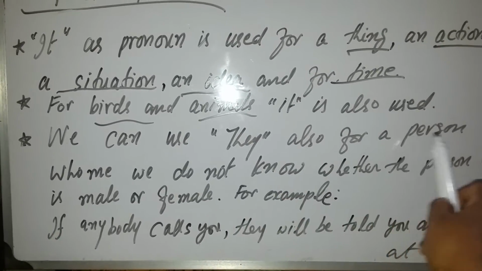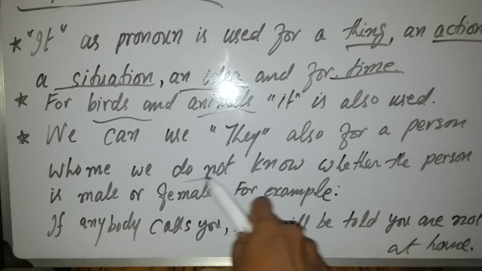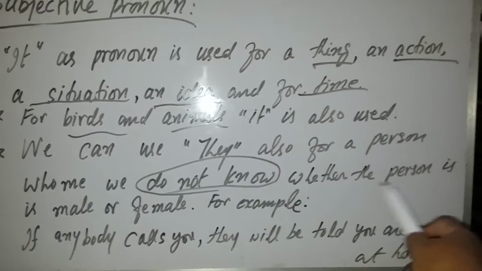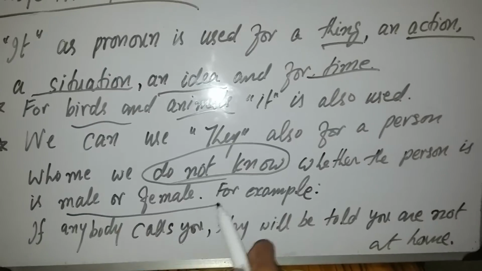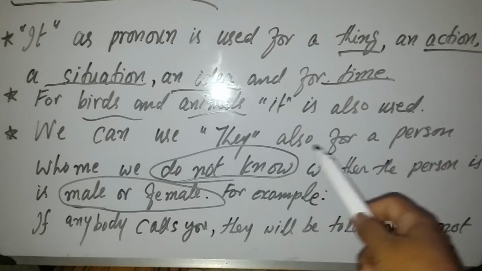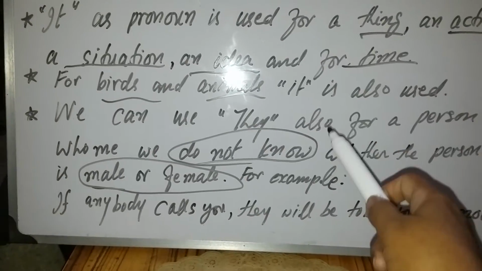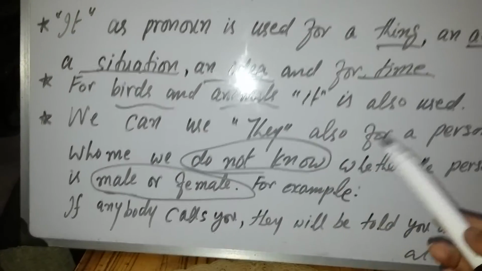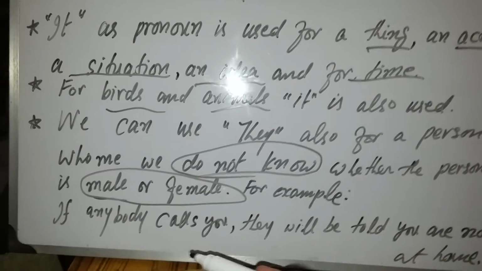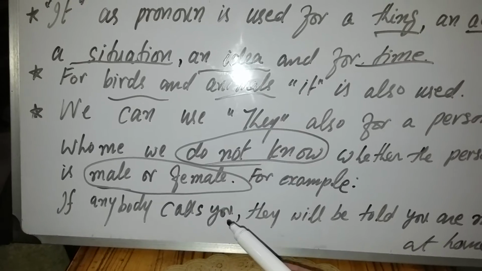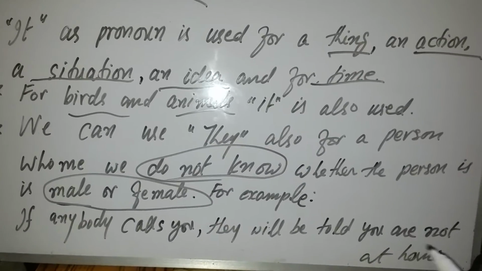But they can also be used for a person whom we do not know. The person whom we don't know whether the person is male or female, we can also use they for that person. The person may be singular. For example, if anybody calls you, they will be told you are not at home.